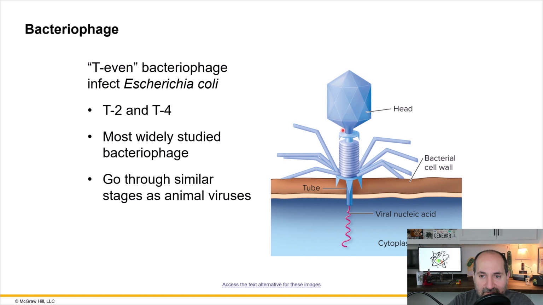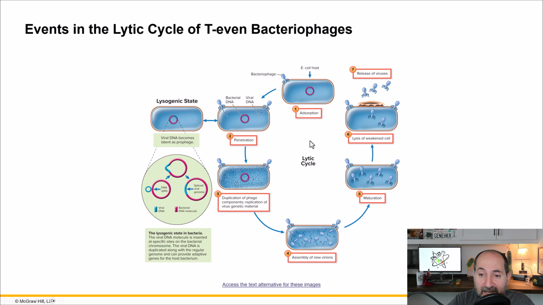And these viruses are interesting because the capsid remains outside of the bacteria, while the DNA is injected inside of the bacterial cytoplasm. And when the bacteria is infected with the virus, remember, the virus can sometimes have two different life cycles. One's known as the lytic cycle, in which the virus adsorbs, penetrates, replicates, assembles, matures, and lyses the cell.